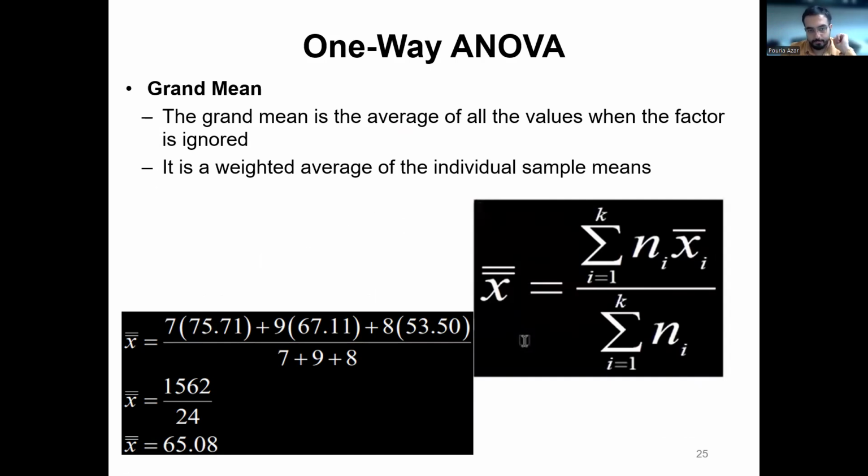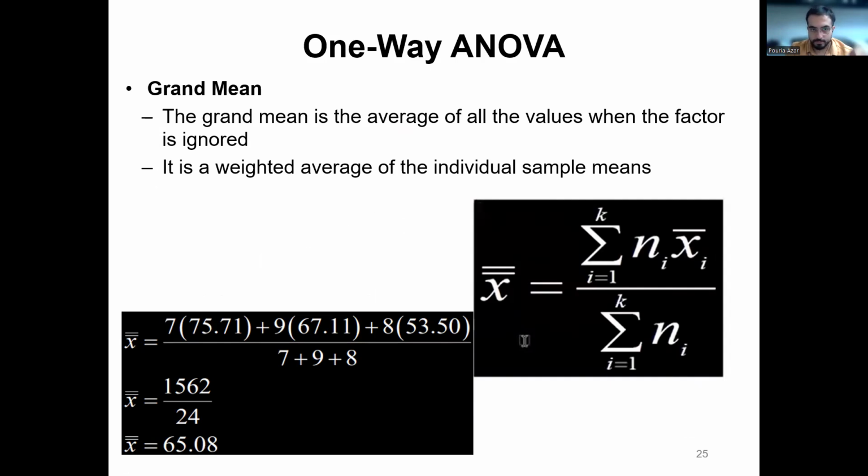So our grand mean is 65.08. Because we are multiplying the mean of each group by the sample size, that's why it's called a weighted average of the individual sample means.